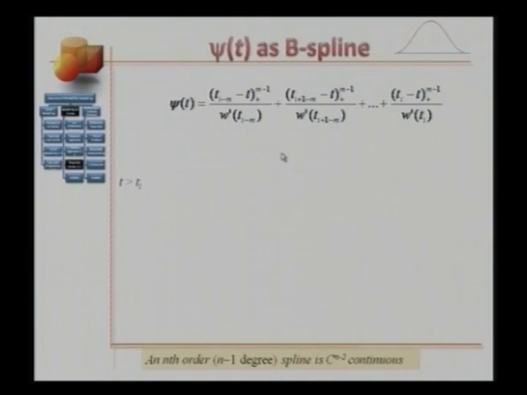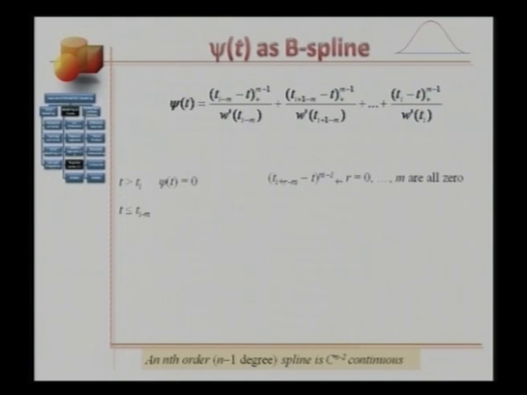For t greater than ti, psi of t is 0, and that is because t i plus r minus m minus t truncated raised to m minus 1, for r going from 0 to m, are all 0. This is because each of these terms becomes negative, and it's because of this truncated sign here that all these terms individually become 0.